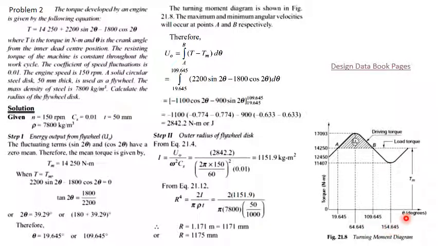Putting this value of theta in the same equation we get the minimum torque occurring in the cycle, which comes to 11,407. So here we found the radius of the flywheel, from which we can compute the diameter of the flywheel required to generate this much moment of inertia. So thank you very much.